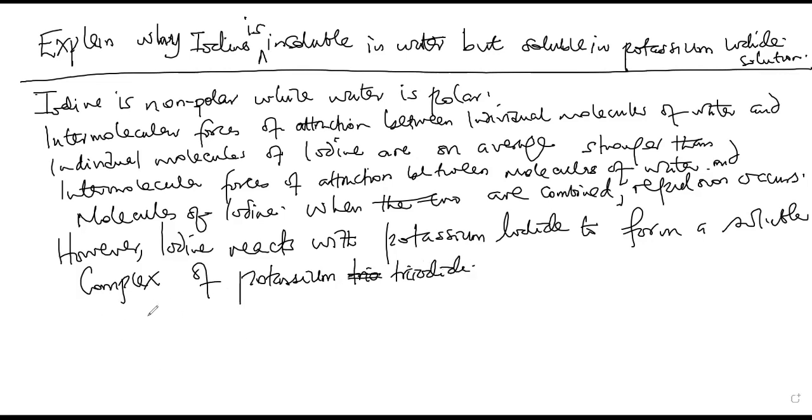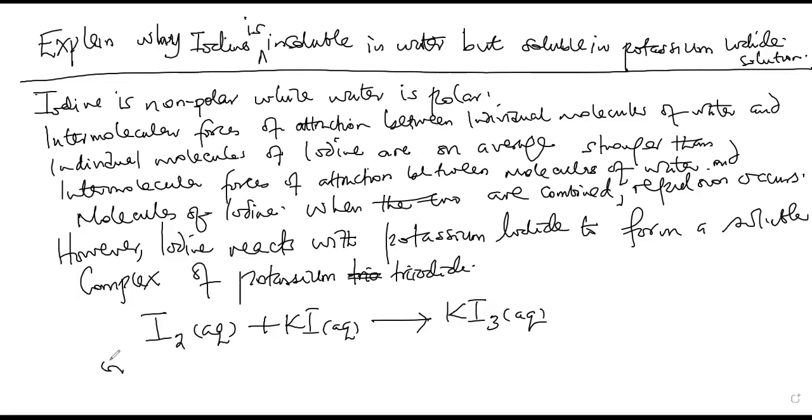I'm going to explain further. So we have iodine plus potassium iodide. This one forms potassium triiodide complex. Or we can have iodine aqueous plus iodide ion.